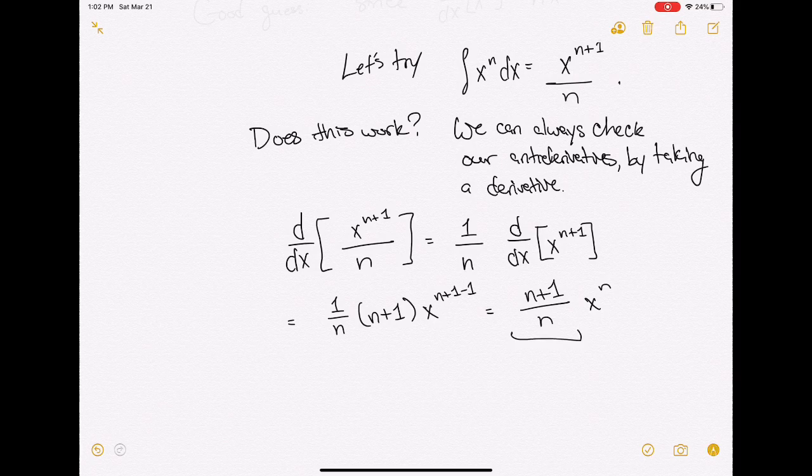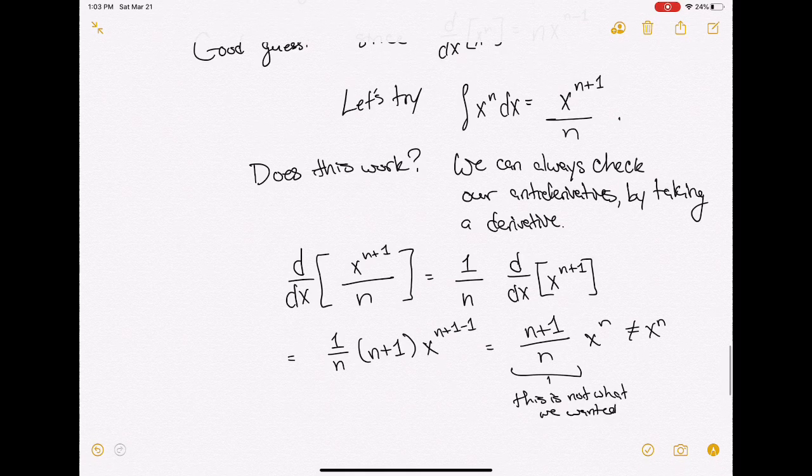This term out front is bad. This is not what we wanted, right? Because this is not equal to x to the n. Our whole idea was up here that x to the n is exactly what we wanted. And that's not what we're getting.